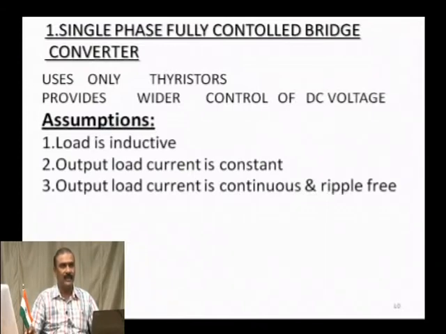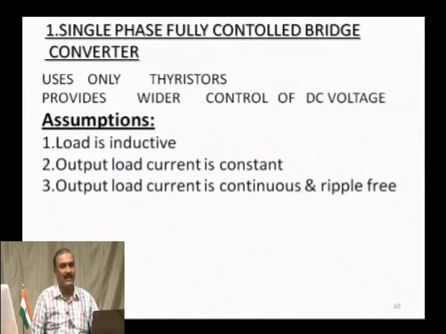Before you start learning about this fully controlled bridge converter, there are assumptions made before you start studying these converters. With these assumptions, this part of the fully controlled bridge converter is done.